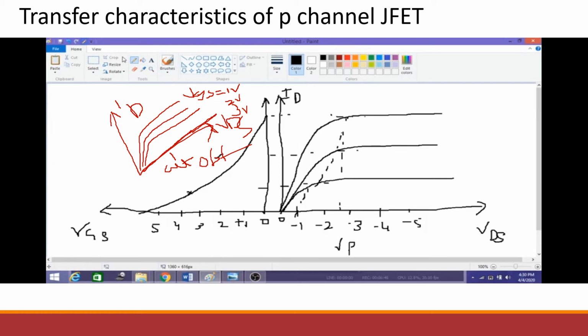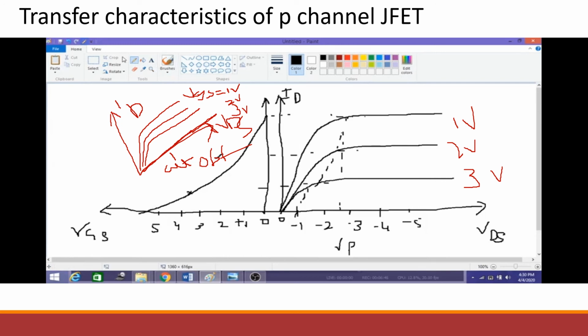And from this we can plot the transfer characteristics. Transfer characteristics is the graph between VGS and ID. Here we know that from the drain characteristics we can plot this. Here VGS is increased from 1 volt to 2 volts, 3 volts. First take the values of VGS on the x-axis and take ID values on the y-axis.